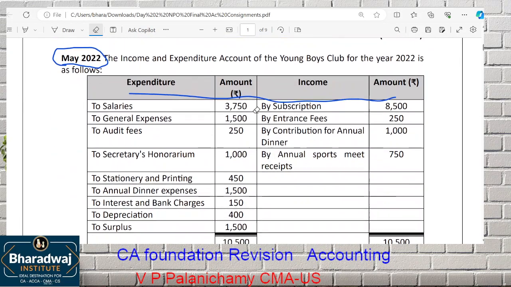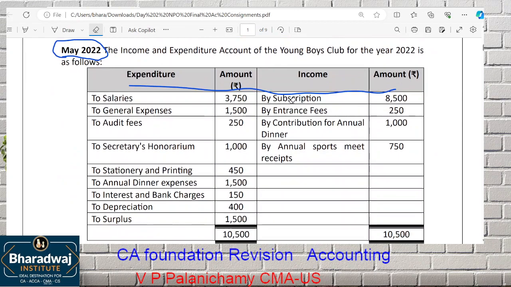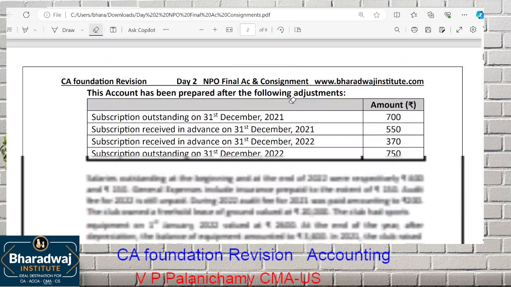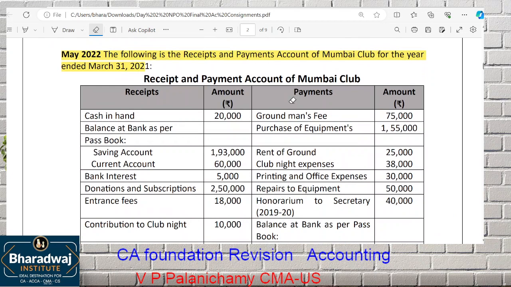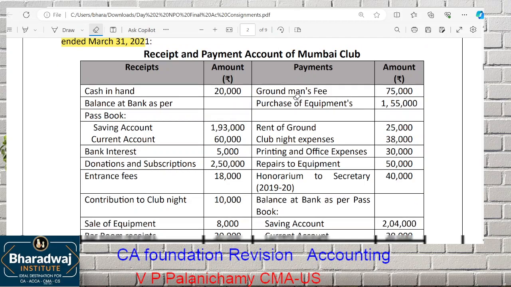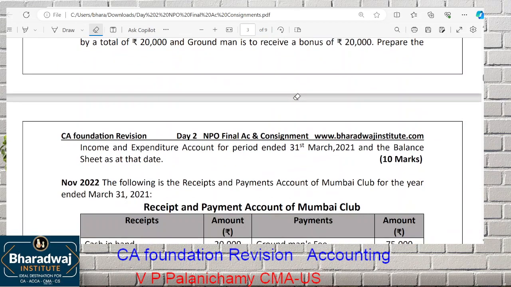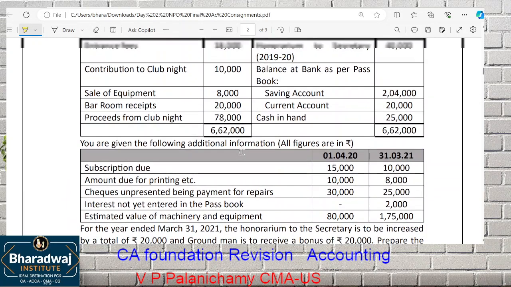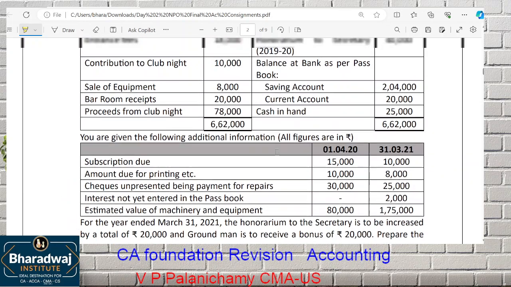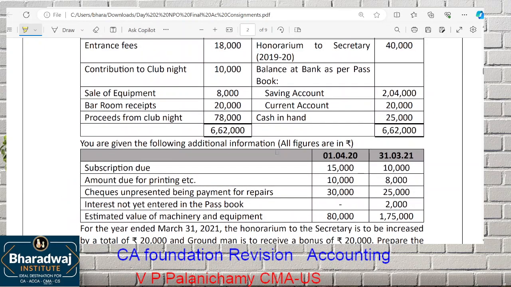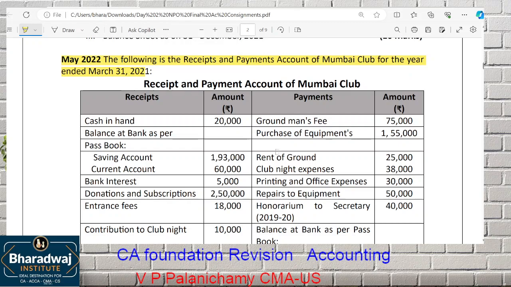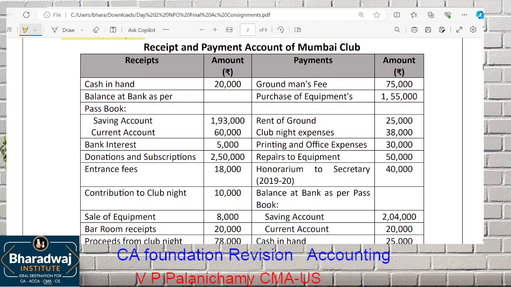10 marks, receipts and payments, income and expenditure account, balance sheet question. Another 10 marks, they have given the receipts and payments account and asked you to prepare which account? Income and expenditure account. So 10 marks each, 20 marks. Go through that. They asked you to prepare income and expenditure account and balance sheet. So first, I request you to prepare the opening balance sheet. Then come to the workings.